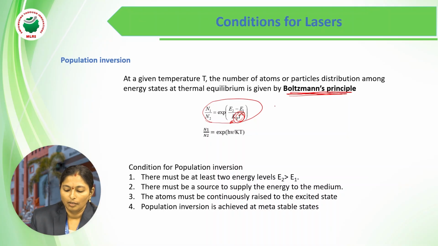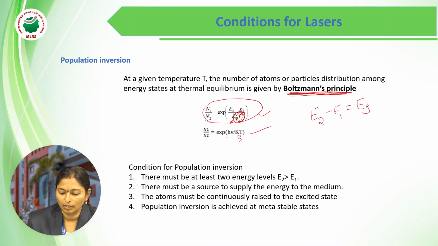So for population inversion we get a non-equilibrium state, whereas normally we get the equilibrium state. If we simplify this equation, N1 by N2 equals exponential of h nu by kBT. Here E2 minus E1 equals Eg, which is equal to h nu.